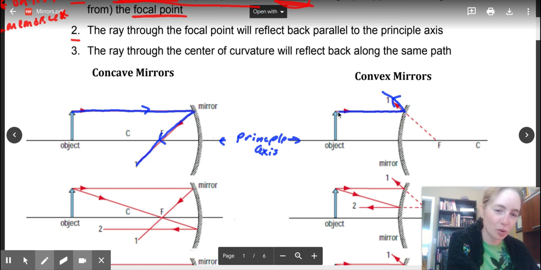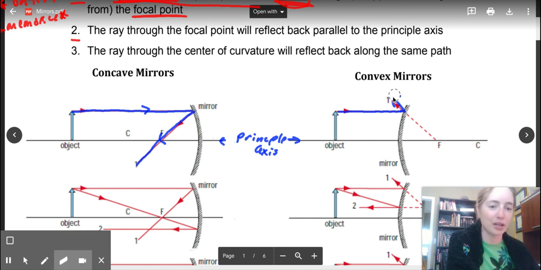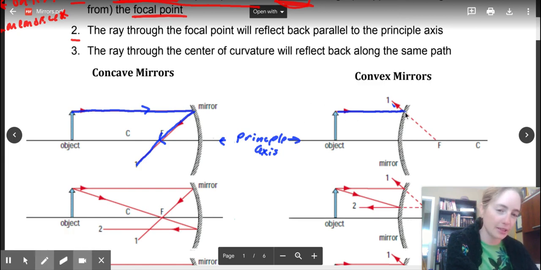So where our line will bounce off of this, what I would probably find the easiest to do here, ladies and gentlemen, is to draw your line parallel, hit that, and then just extend your dotted line down towards the focal point.